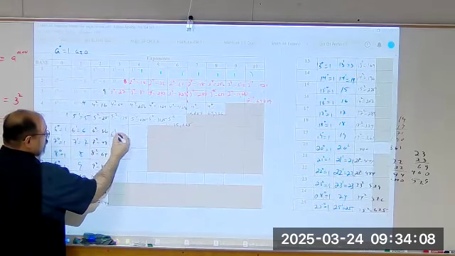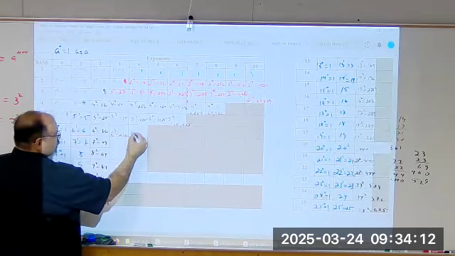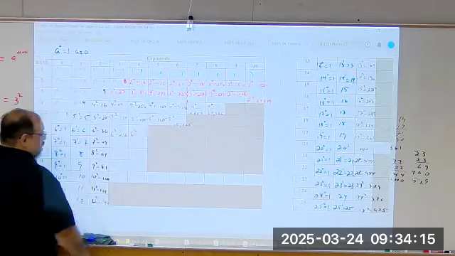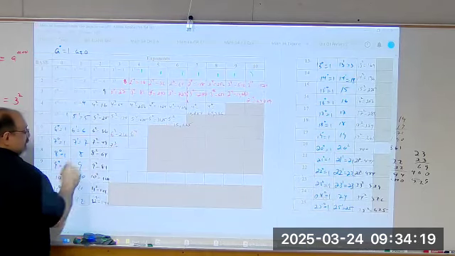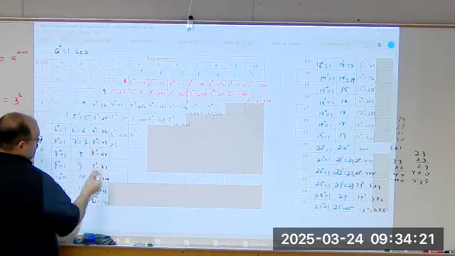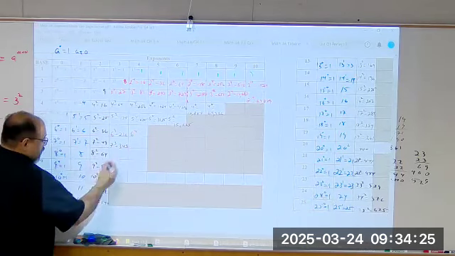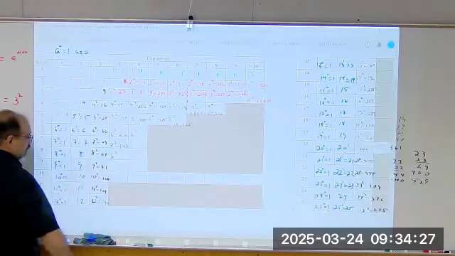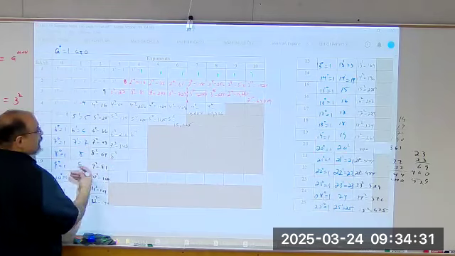6 to the 3rd is going to be 216. 6 to the 4th. My arm's getting tired. 7 to the 3rd is going to be multiplied by 7, so that's going to be 343. 8 to the 3rd multiplied by another 8, so that's going to be 512.